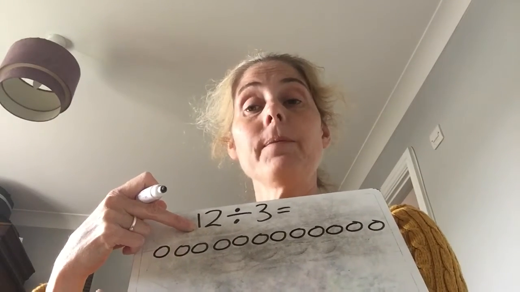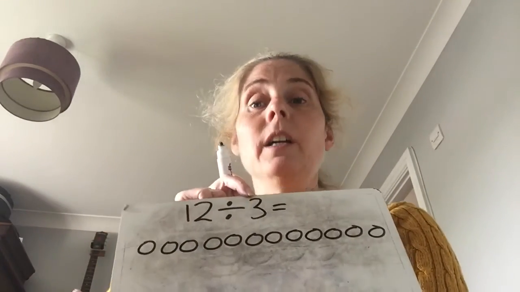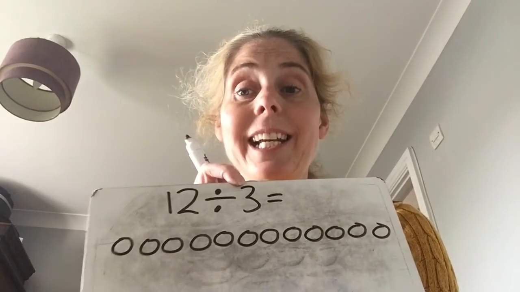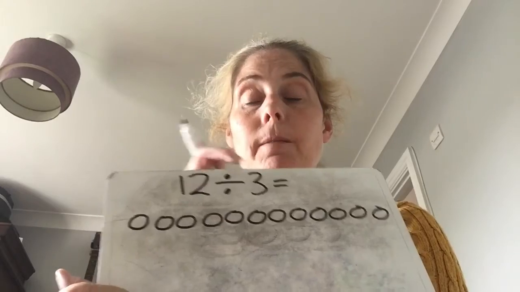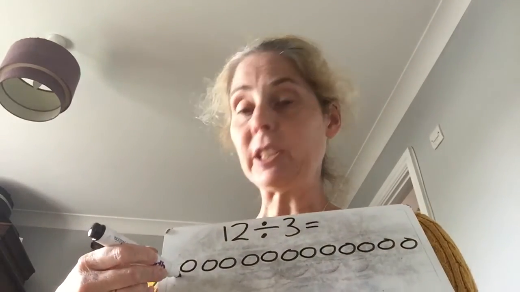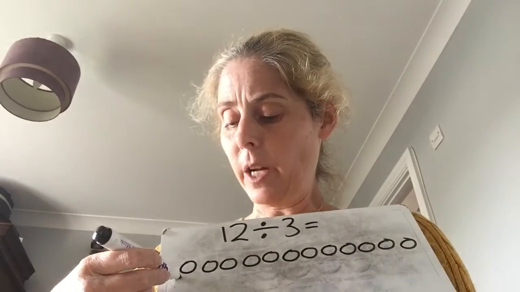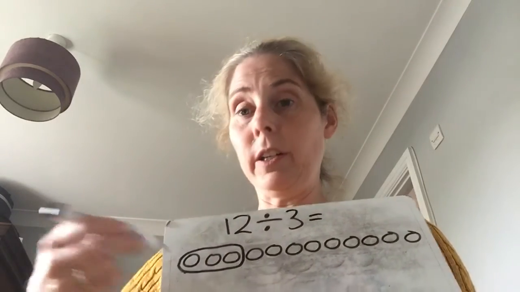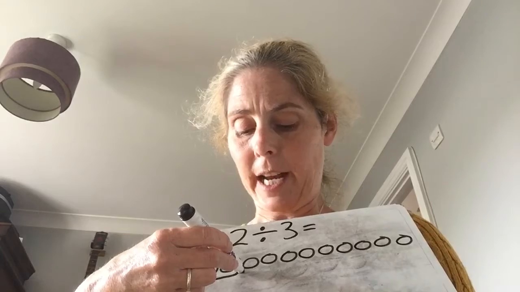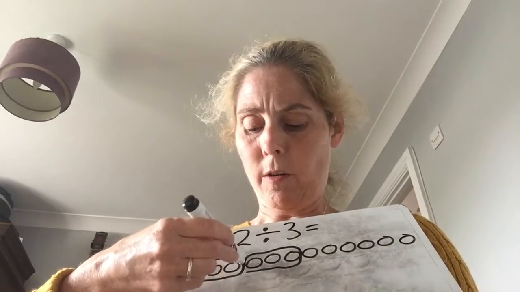And remember, then we look at the second number, and that's how many we need in each group. We need 3 in each group. So we're going to go, remember, start at the bottom like I did, and you go 1, 2, 3. Group it off. And again, 1, 2, 3. Group it off. 1, 2, 3.